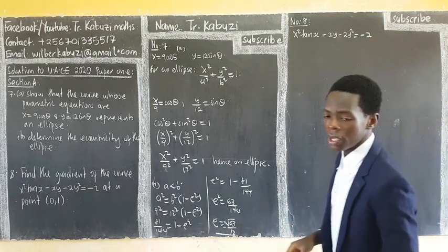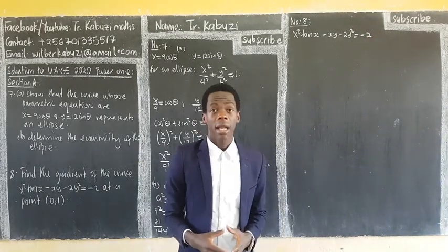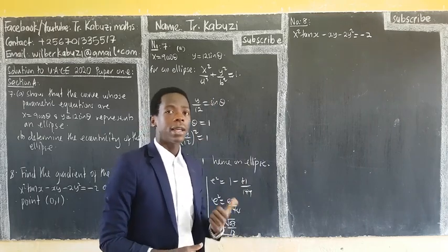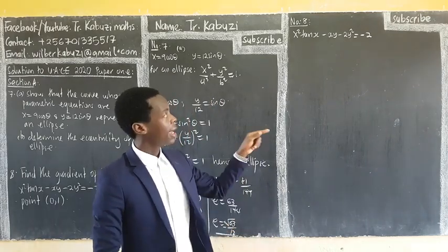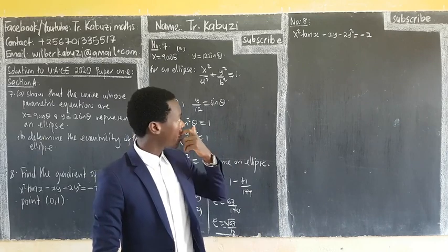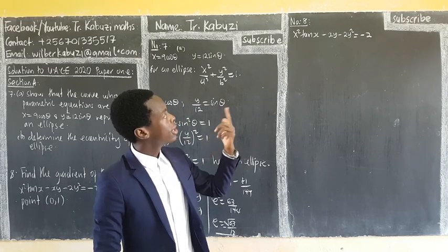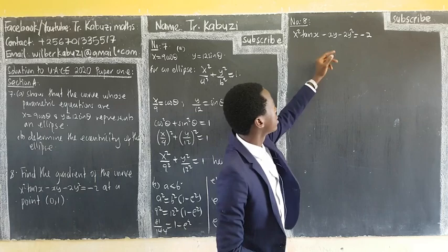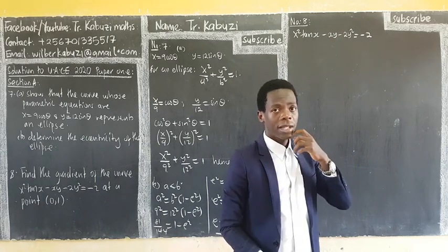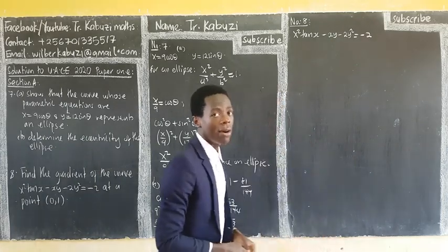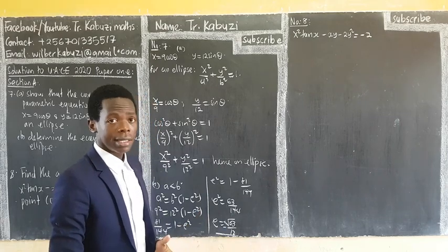So we know that to get the gradient of the curve, we differentiate that curve and then we substitute the coordinates of x and y, where that curve passes. So to differentiate, you know that this is a product of two functions. So there we are going to employ the idea of product rule.